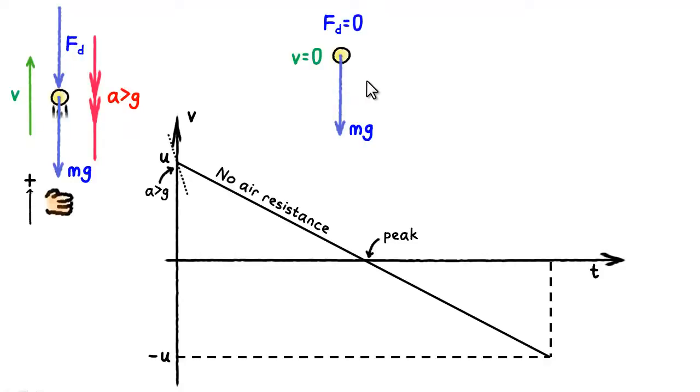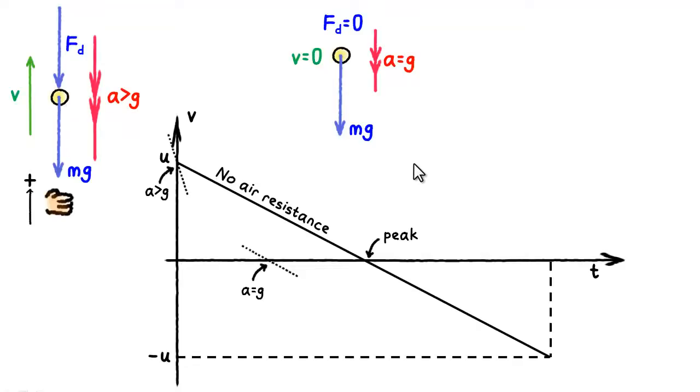So the only force acting on the ball is mg, and so the acceleration is exactly g. So this tells us that when our VT graph touches the x-axis, that's the point when v is 0, it's going to have a gradient that's exactly g. So it's going to have a gradient as steep as the original line.